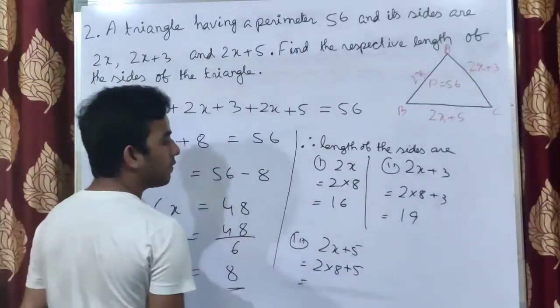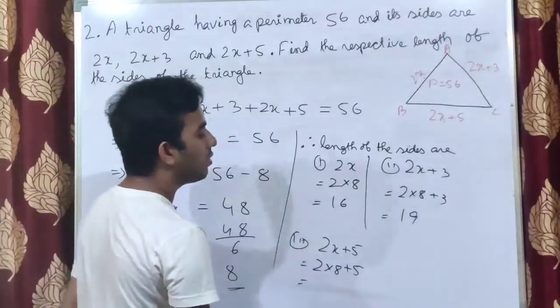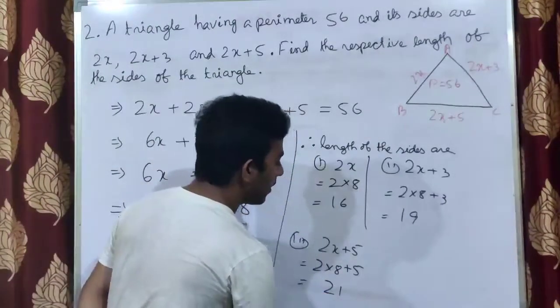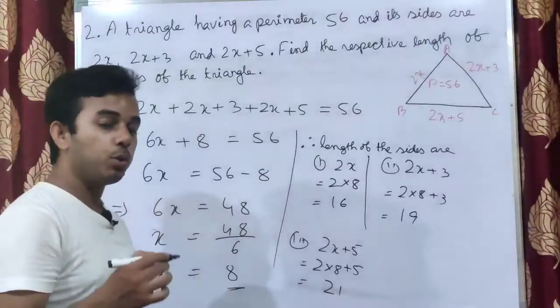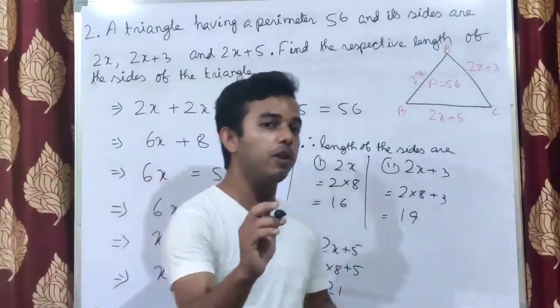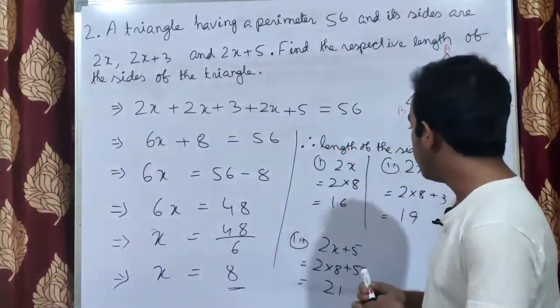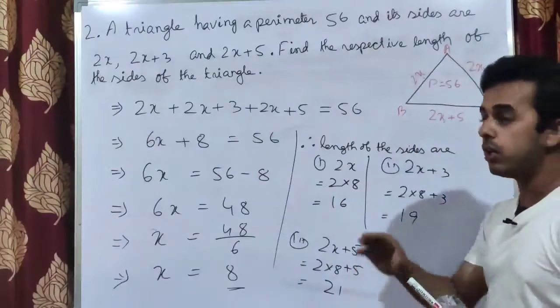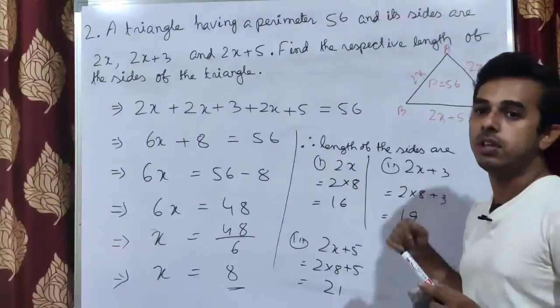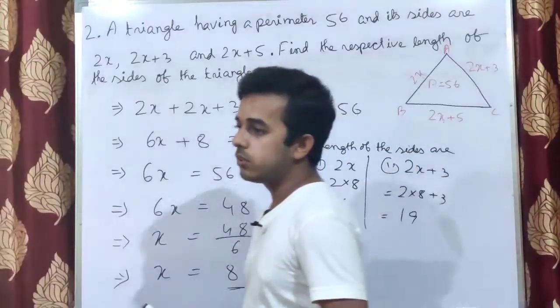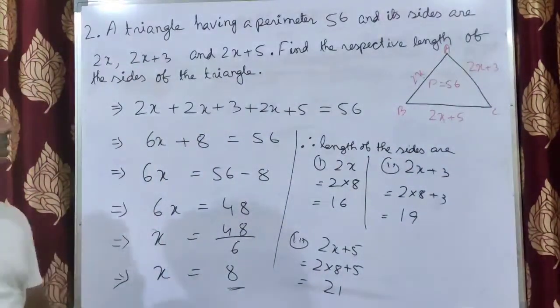So 16 plus 5 is 21, right? Now, as I told you earlier, perimeter means what? Sum of all the sides. Now, if you add this 16, 19 and 21, you will get the result 56. You can check yourself. So, this is our second question, right?